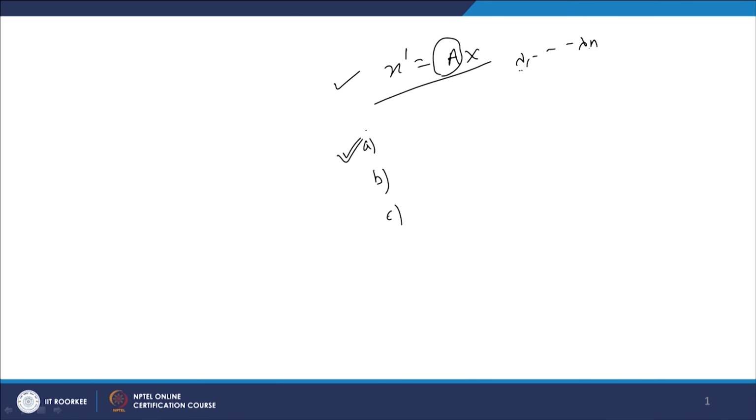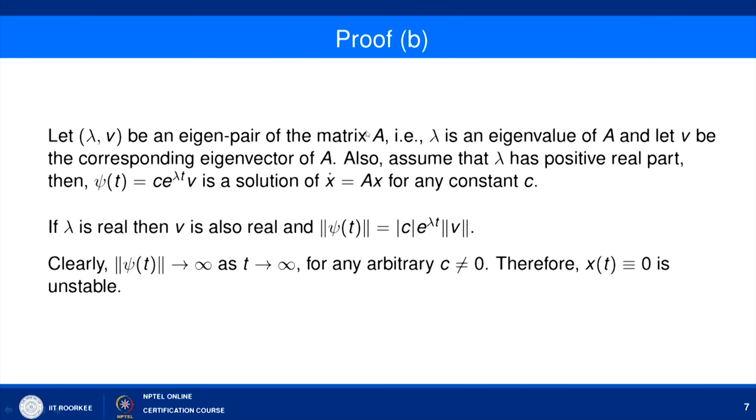Now, we continue with the second part, where we are assuming that at least one of the eigenvalues of A has a positive real part. So, let lambda, V be an eigenpair of the matrix A. That means lambda is an eigenvalue of A and V is the corresponding eigenvector of A. Also assume that lambda has positive real part.